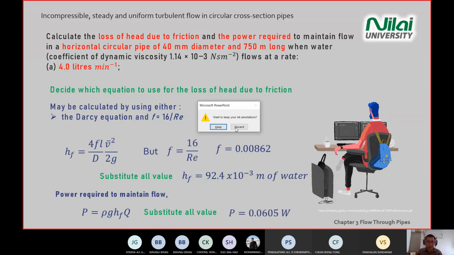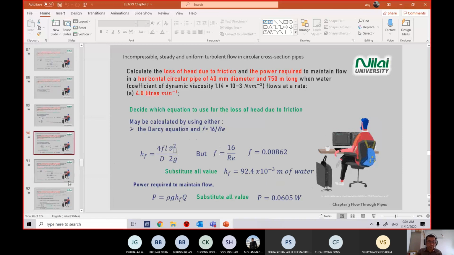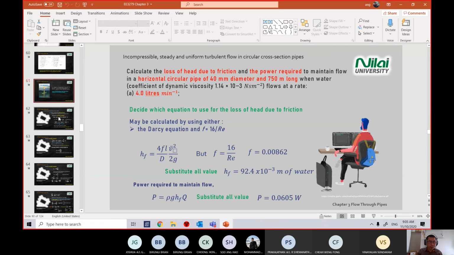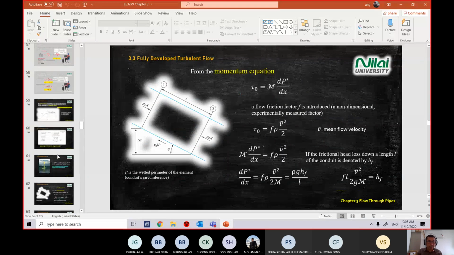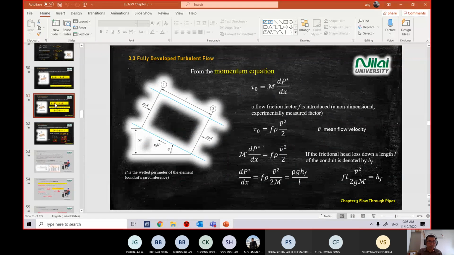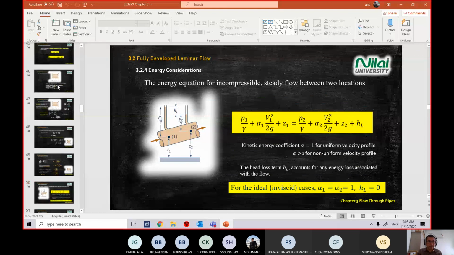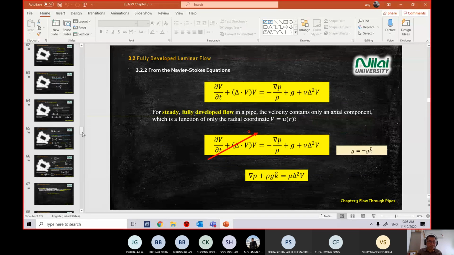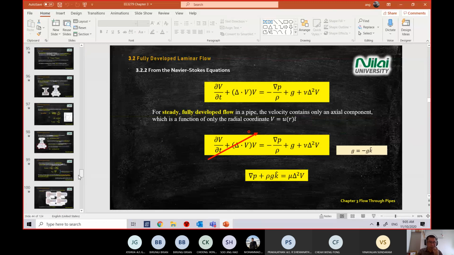Question 25. Again, the rest of the equations, all this, you read from the PowerPoint slide, because the derivation is quite lengthy, so I don't want to go deep into that.